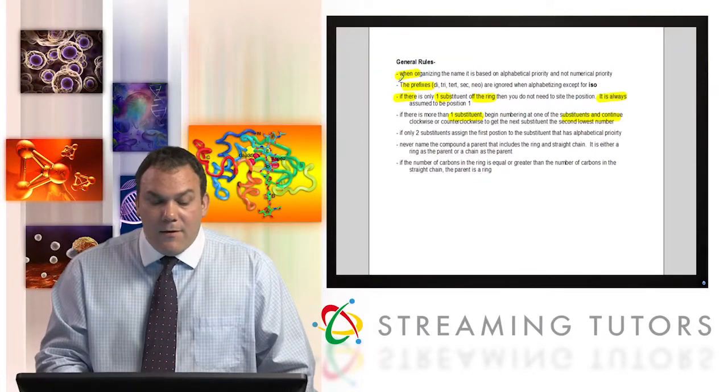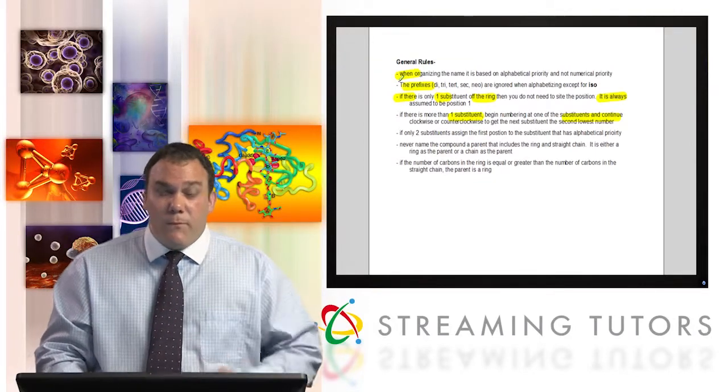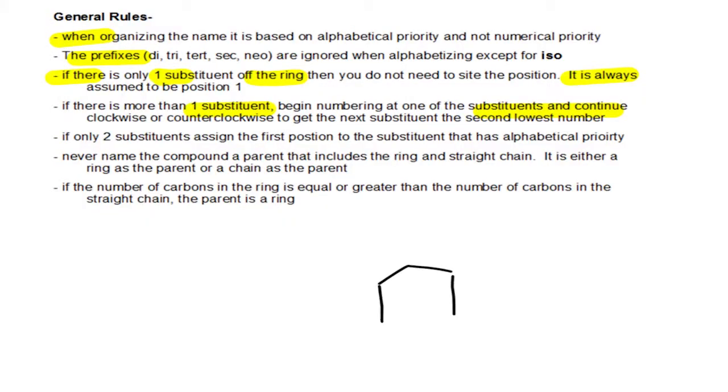Never name the compound, oh, this is super important. When you have a ring, and then you have something off the ring, you don't want to include the parent as being both. Sometimes people would come up to me in my sessions and say, I don't understand. Why did you say it's a cyclohexane? Shouldn't it be 6, 7, 8, 9, 10, 11 carbons, right? Because if you include this plus the straight chain, you can't do that.